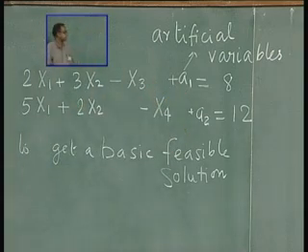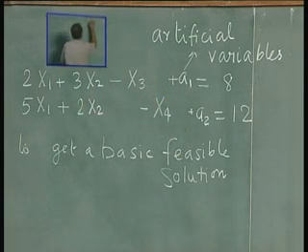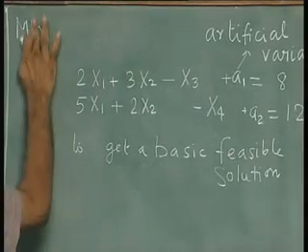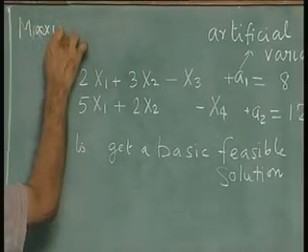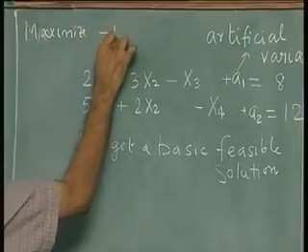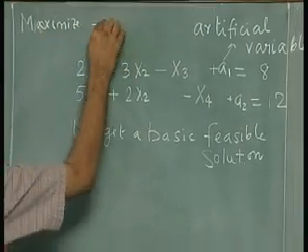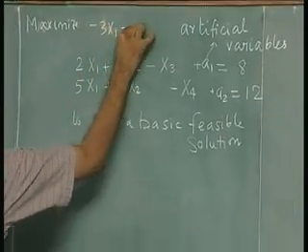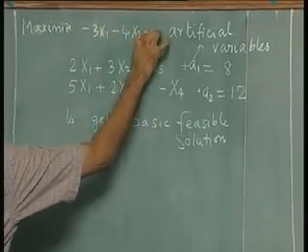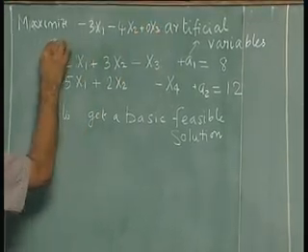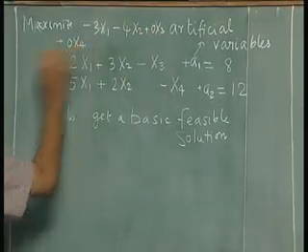Number 1. Now the objective function is now minimize or maximize minus 3x1 minus 4x2 plus 0x3 plus 0x4.